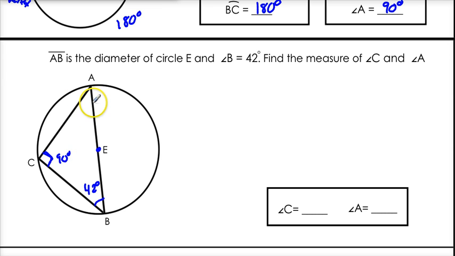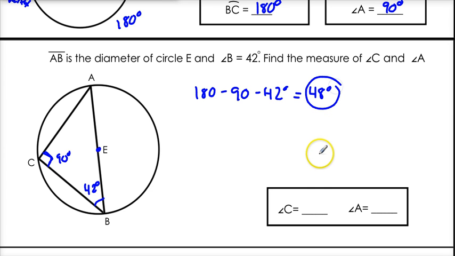So to find out what angle A is, remember there's 180 degrees in a triangle, and if we subtract the two angles, we get the third angle. So we could just say 180 minus 90 minus 42, we just subtract two angles, gives us our missing angle. So if we do that, we should get 48 degrees, like so.